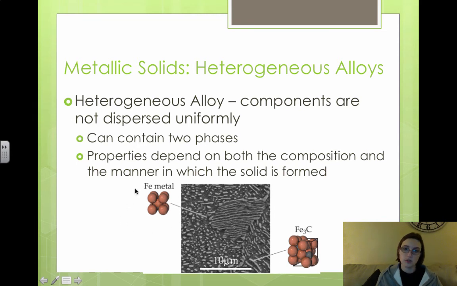So in terms of the two phases, we simply have metal and a compound, and these are mixed to create this heterogeneous alloy. And so the properties can depend on the composition and how the solid is formed. So the manner in which it is formed can also be dependent on the properties.